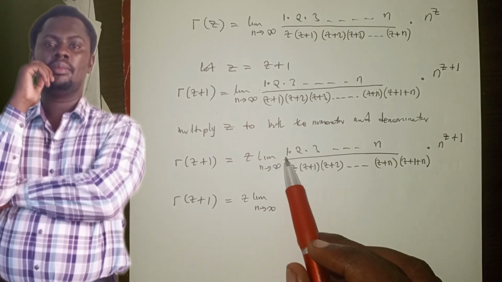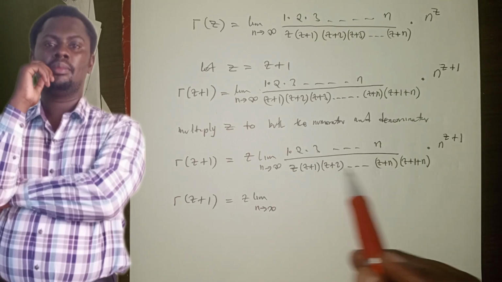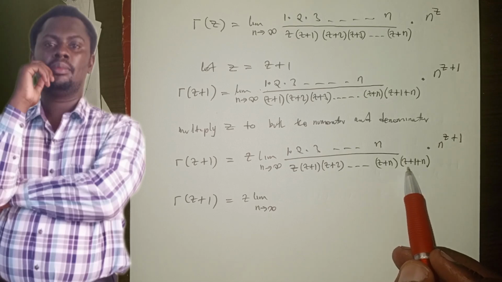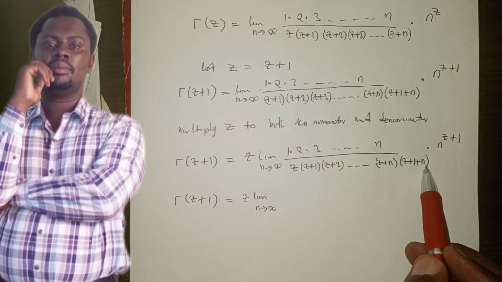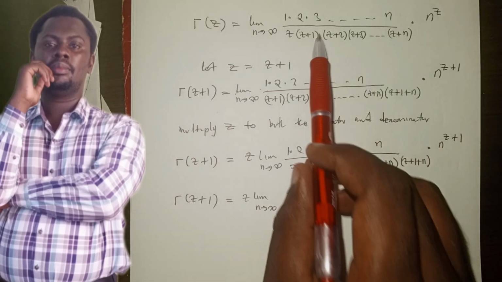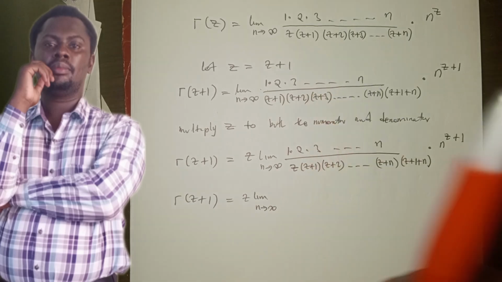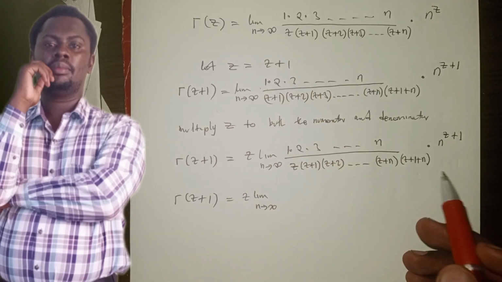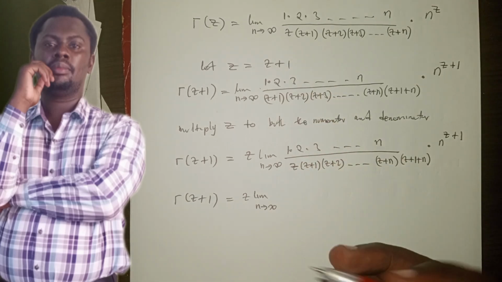We are going to remove z over z plus 1 plus n, because this is not part of our definition. We are going to have two products in short.